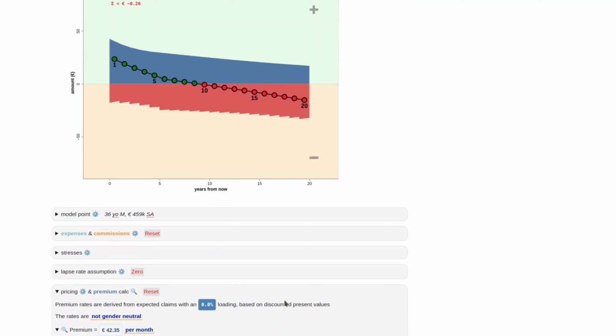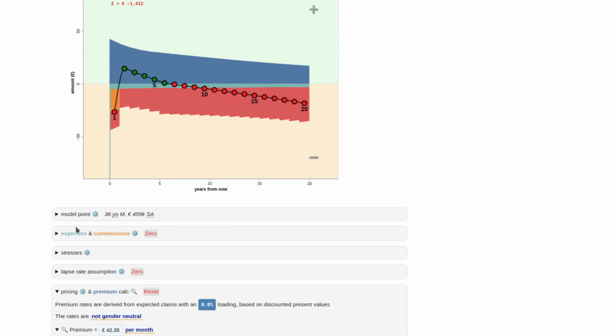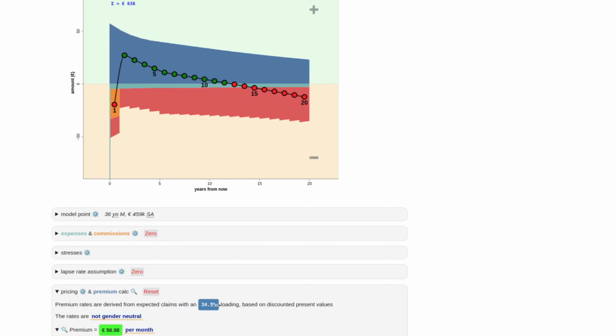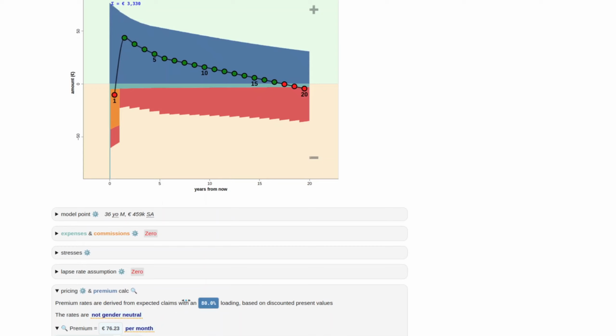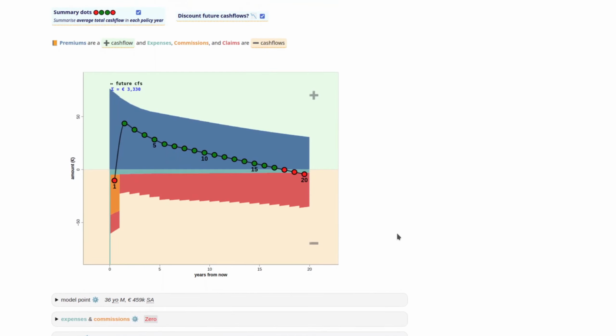And so we expect to make a profit or a loss depending on how this loading relates to expenses and commissions, the other cash flows. And when we turn on expenses and commissions, then here we're making a loss, but at a certain level, we make a profit. You know, at 80%, our original level, we're doing very well here.